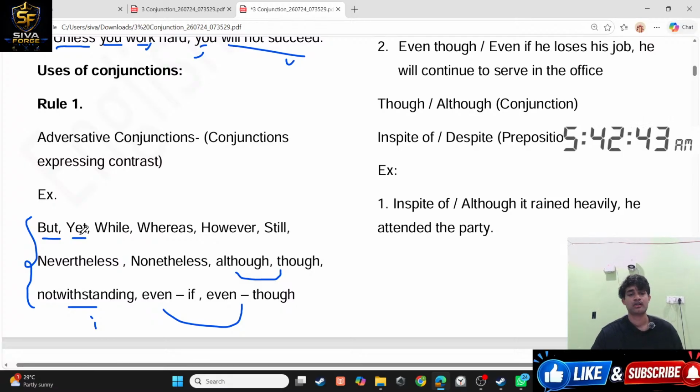With although and though, in some questions they will give but, but we should use only at. Although and though act as prepositions.